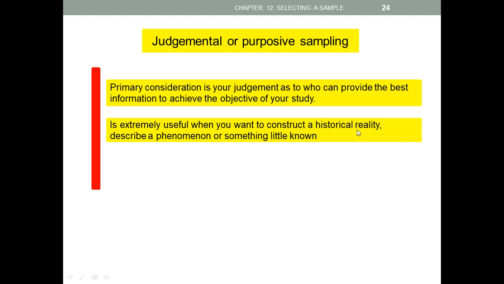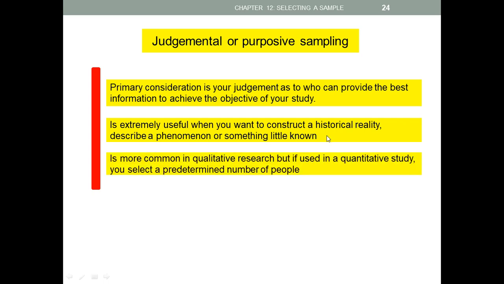So you talk to people whom you believe have rich information, or you want to describe a phenomenon or something that is little known. Judgmental or purposive sampling is more common in qualitative research, but if you use it in a quantitative study, you need to decide in advance the sample size.